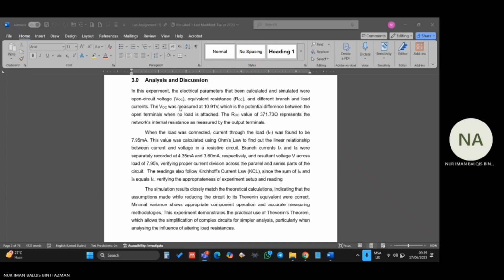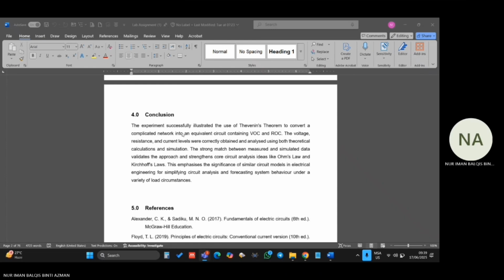Through this, we saw how Thevenin's theorem can simplify complex networks, making it easier to study how changes in load resistance affect the rest of the circuit. In conclusion, the experiment successfully demonstrated how to apply Thevenin's theorem to simplify and analyze a circuit.